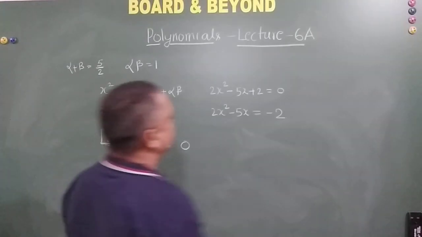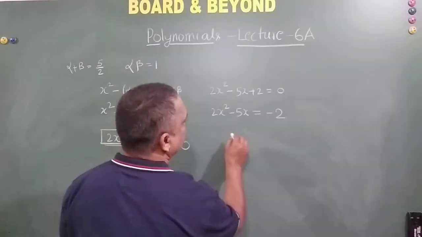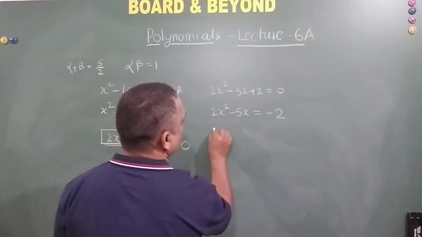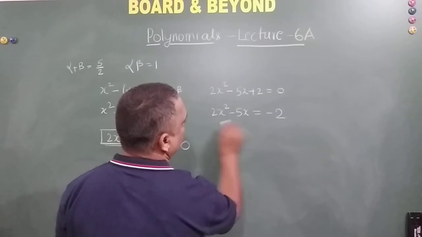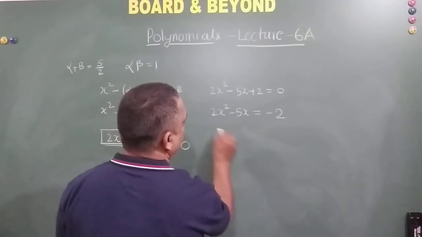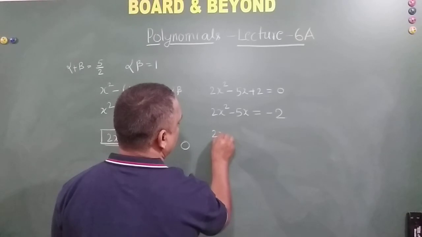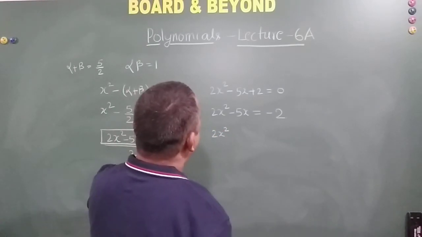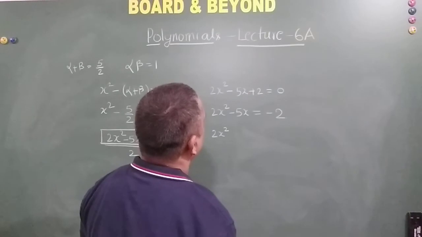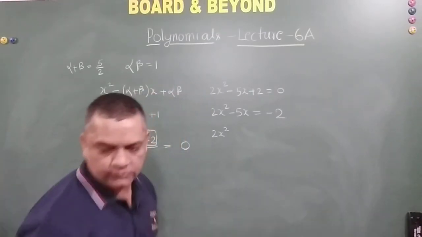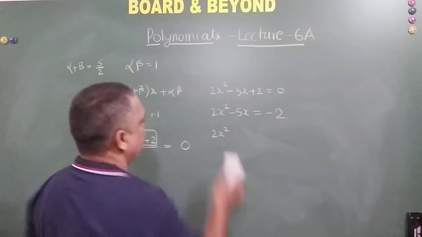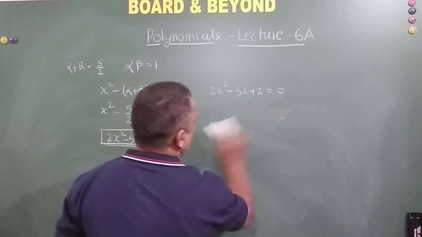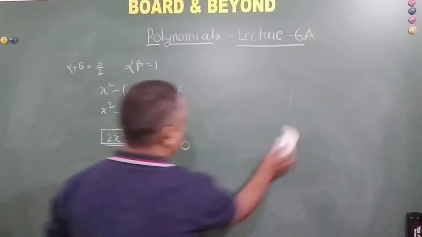Okay. Yeah. So minus 2. Right. What you can do is that 2x square. Sorry. This will actually lead us to problem.